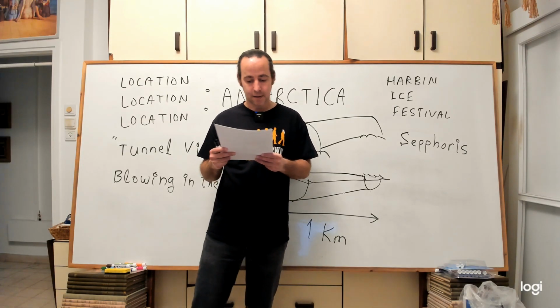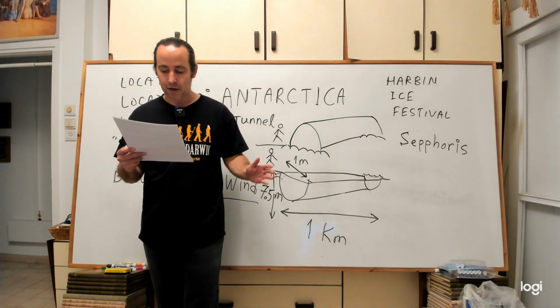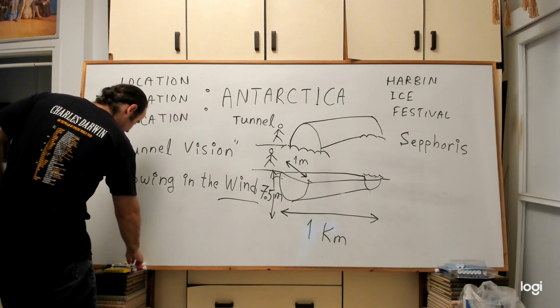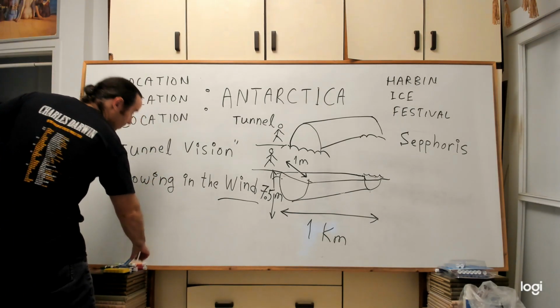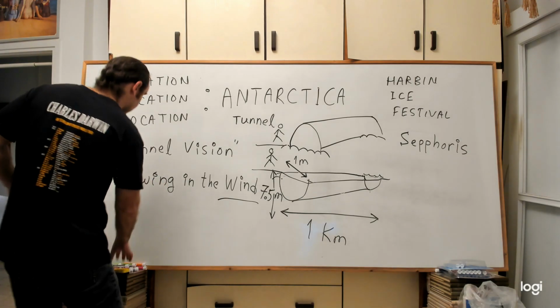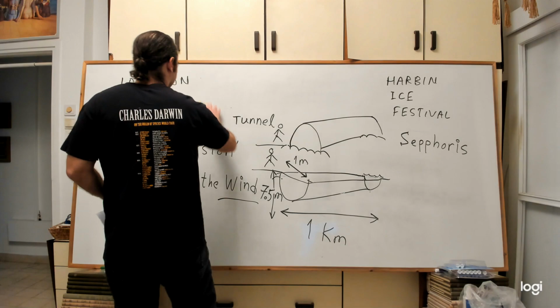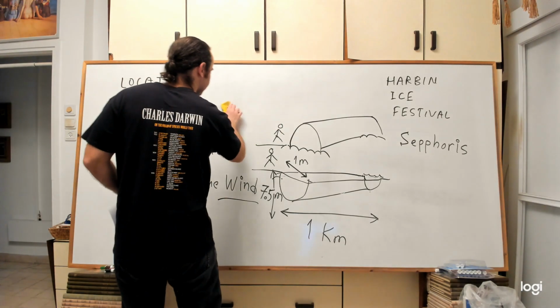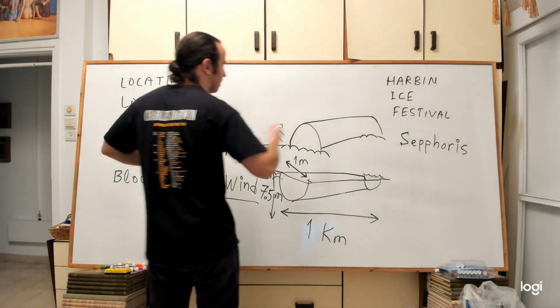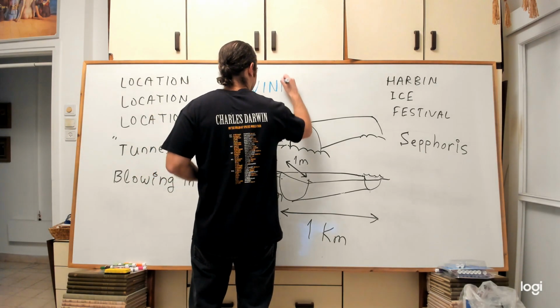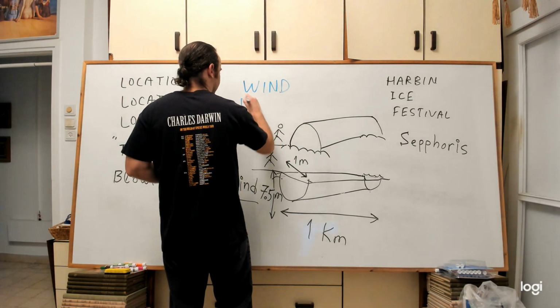It's important that the tunnel is along the direction of the strong winds in that spot. So if there is a wind, let's draw this. Wind direction.